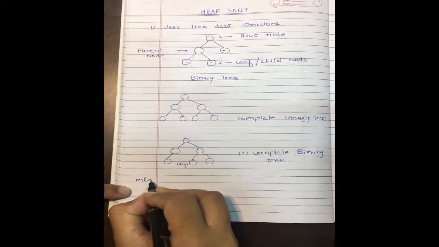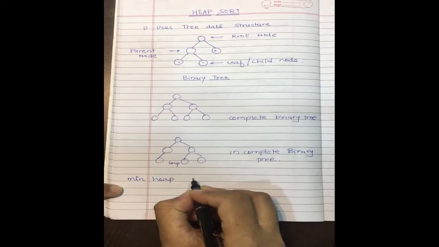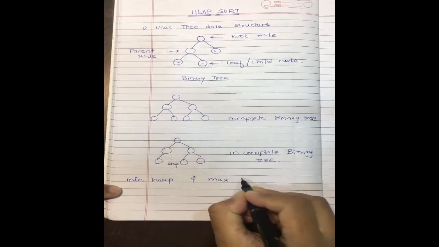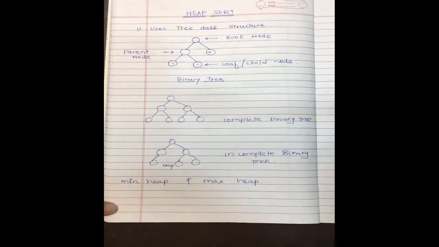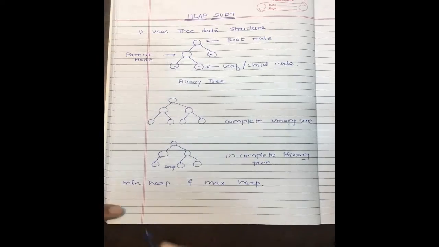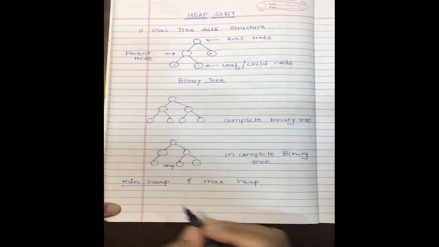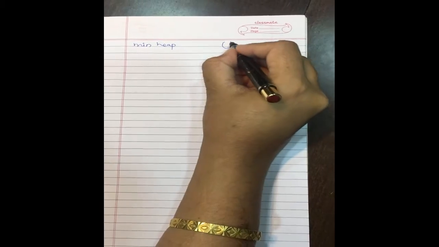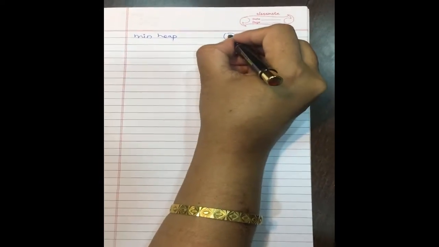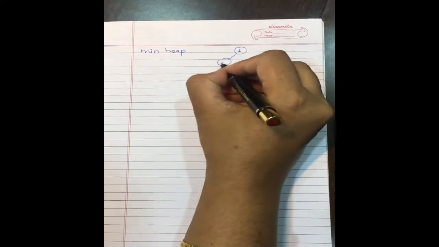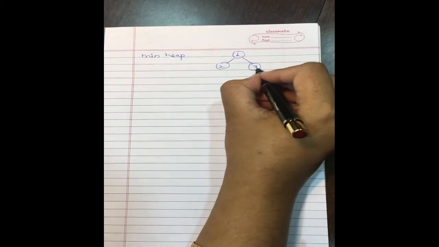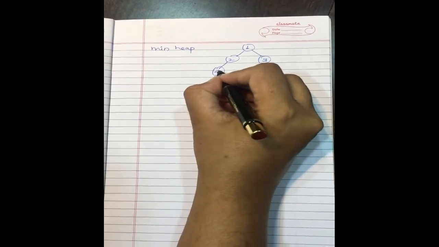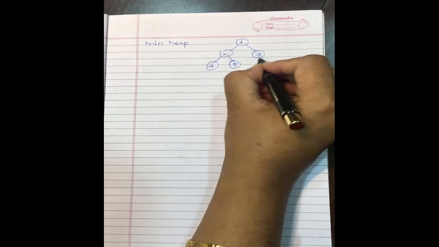Now let us see two more terminologies which we are going to use in heap sort, that is min heap and max heap. Now what do you mean by min heap and what do you mean by max heap? Min heap is what? The root node carries the minimum number from the tree data structure.